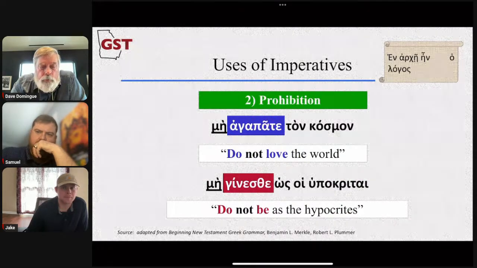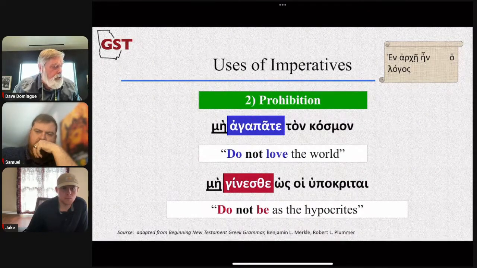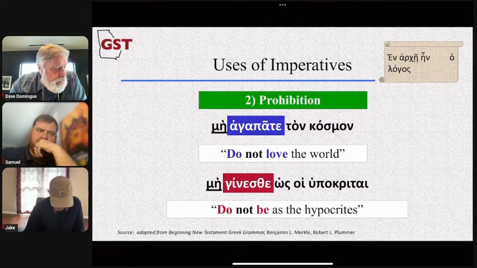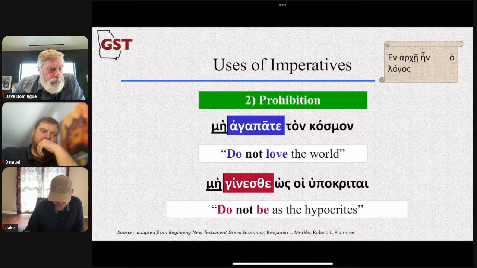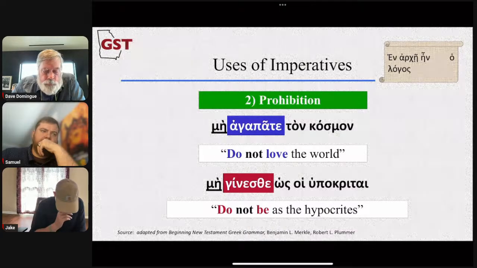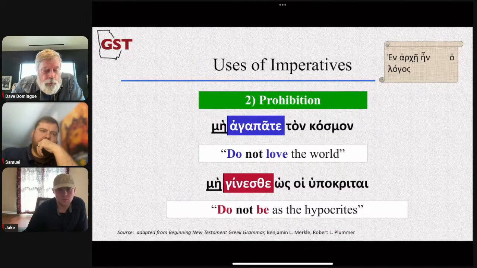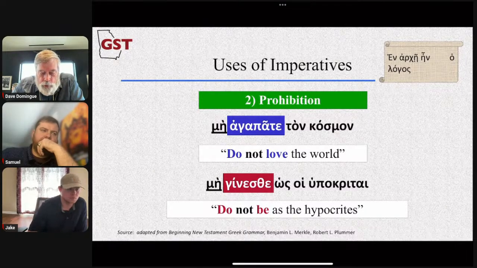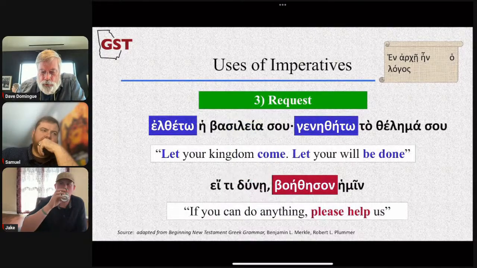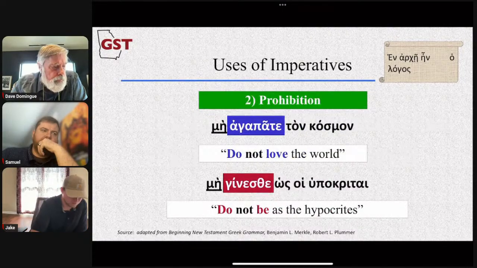Now, our book covers, and does a good job with, on page 384, prohibitions and negations, and it covers various forms of prohibition. Let me go through this chart, and then I'm going to go to the book for a minute.